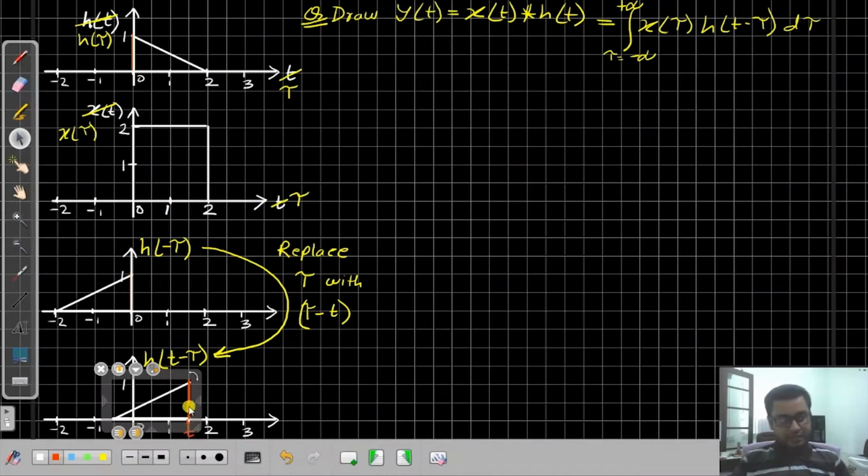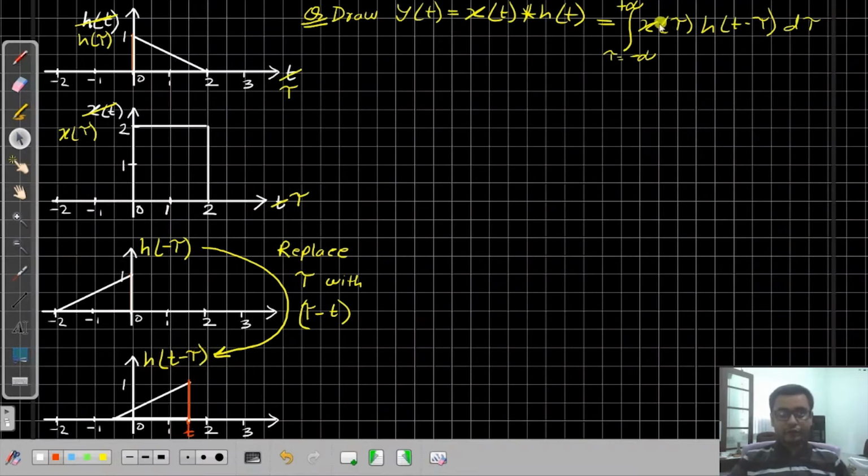So that point I have marked with a red line. This red line should go to the point wherever this t is. So this is h(t minus tau).